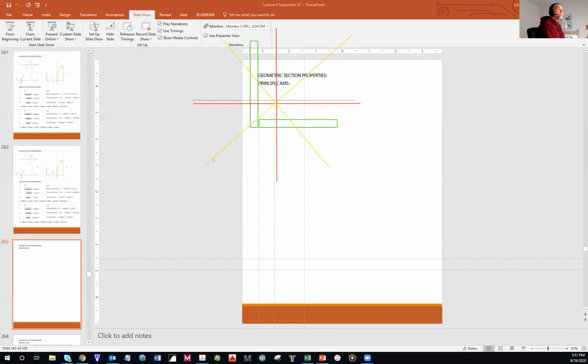So if it's bending about this orange axis instead of the red axis, the stresses are going to be much higher than if you had assumed it's bending about the x-axis. So if you've never been made aware of principal axes and how they work, you could grossly underestimate the stress in this steel beam by using the wrong moments of inertia. Okay, that's my ending point.